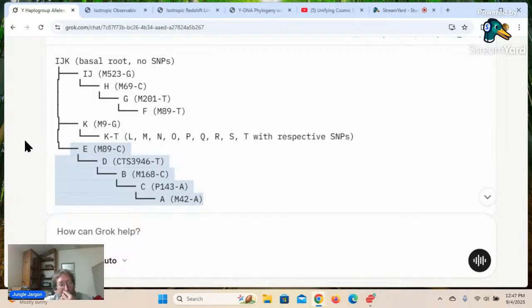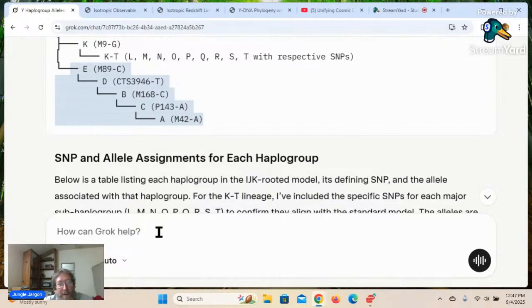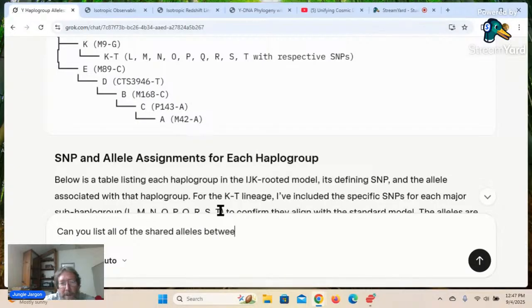Now I could ask, can you list, if my computer will work, all of the shared alleles between all of the haplogroups.